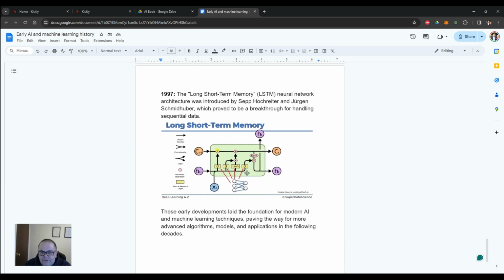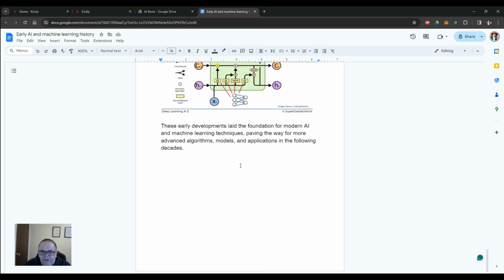Now you can look into this in more detail if you wish, but there's quite a few examples of this LSTM method here. Now, these early developments laid the foundation for the modern AI that we know today, and machine learning techniques, paving the way for more advanced algorithms, models, and applications in the following decades.